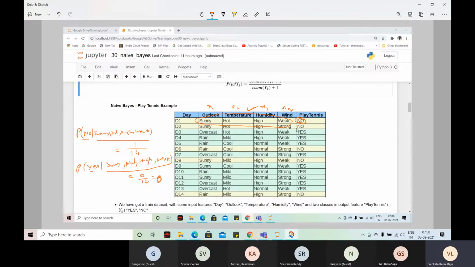When you get the same combination, you will be able to predict it. But if a new combination came, maybe rain, I think we had one example. Rain and mild is there, but rain and hot is not there.